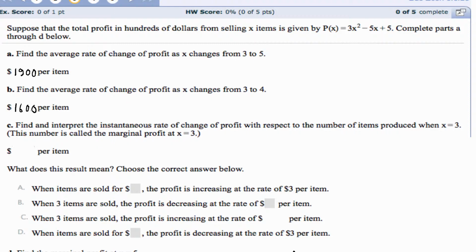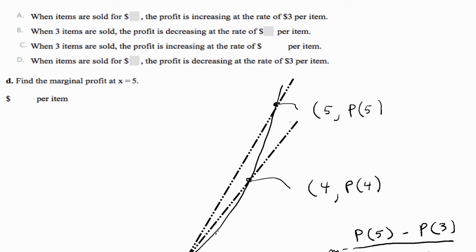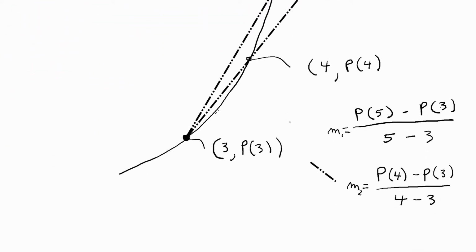Now there's this notion of we're going to find and interpret the instantaneous rate of change of the profit with respect to the number of items produced at x equals 3. So what that's going to correspond to is the following. I'll just draw a little picture here. For the instantaneous one, we're going to be calculating the limit as these points get closer and closer.